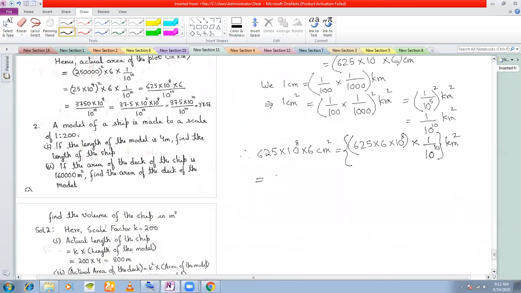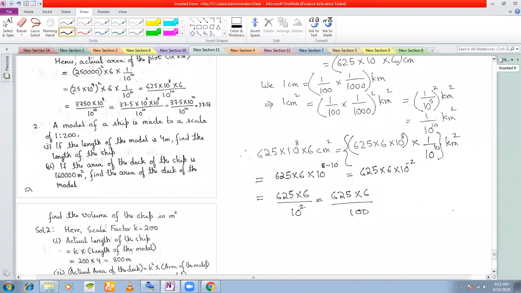So now this is 625 into 6 into 10 to the power of 8 minus 10, which is 625 into 6 into 10 to the power of minus 2, which is 625 into 6 divided by 10 square, which is 100. 625 into 6 divided by 100.